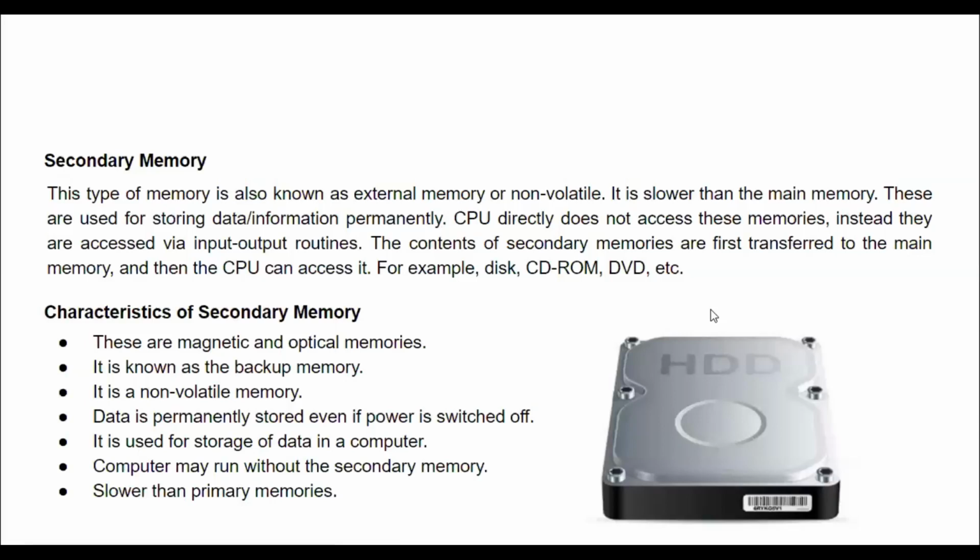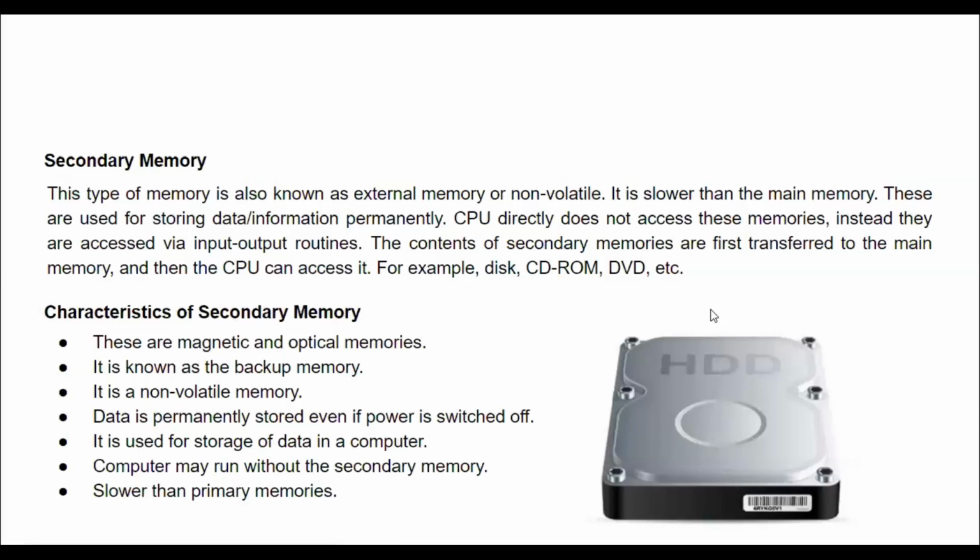We have the characteristics of the secondary memory. First, these are magnetic and optical memories. Second, it is known as the backup memory. Third, it is a non-volatile memory.